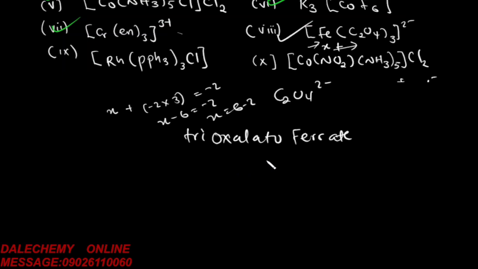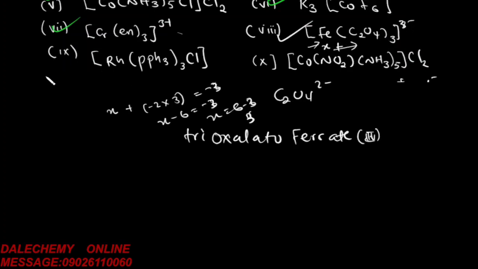So that will be trioxalato ferrate 4, because X will become 4. This is not making sense actually. I think I made a mistake in that question. It should be 3 minus, because iron doesn't normally exist in this form, it is either 3 or plus 2. So you just have to change it. Same steps. It will now become 6 minus 3, and that will be 3. So that will be trioxalatoferrate 3.